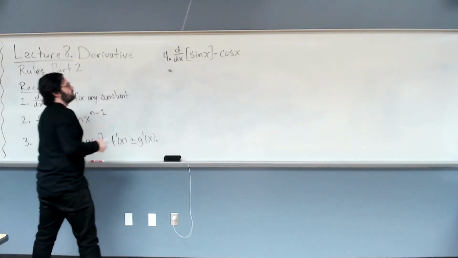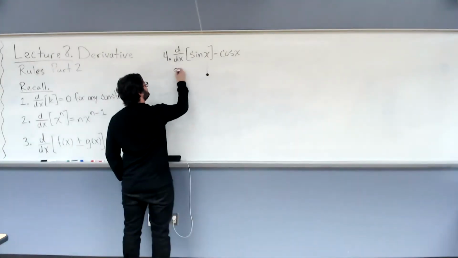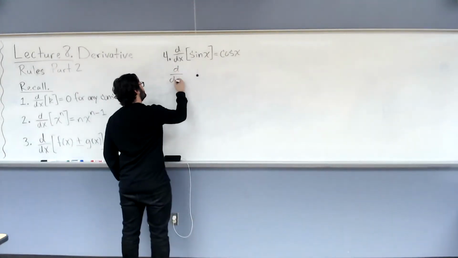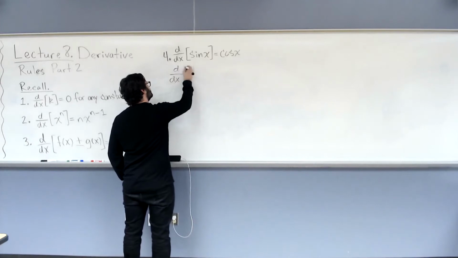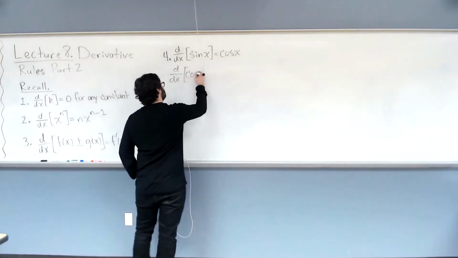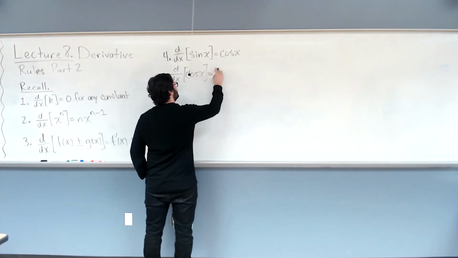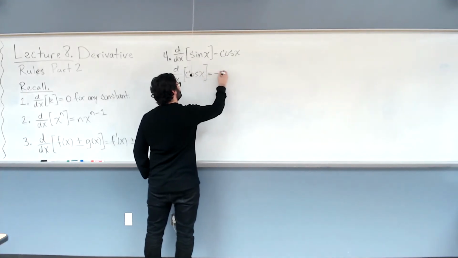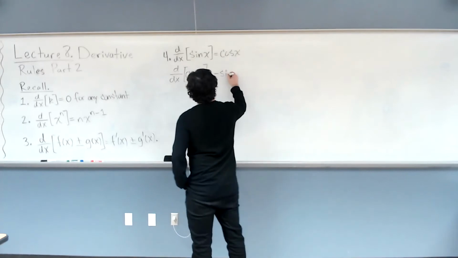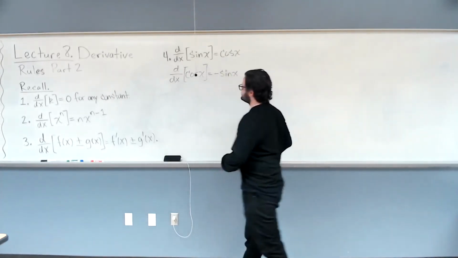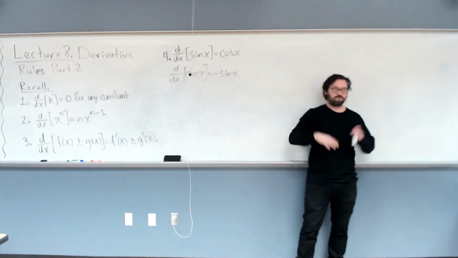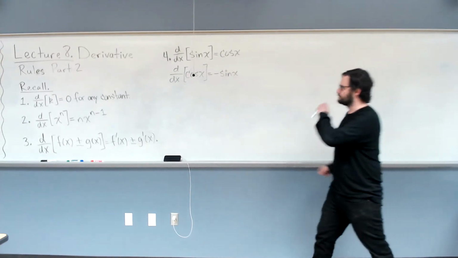And then a part of this rule would be the derivative with respect to x of cosine of x is equal to negative sine of x. Okay, so that's what I wrote down at the very end of last lecture with these rules here.